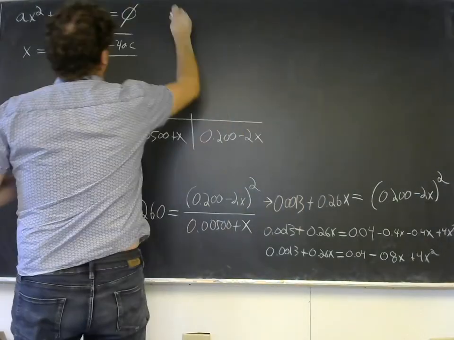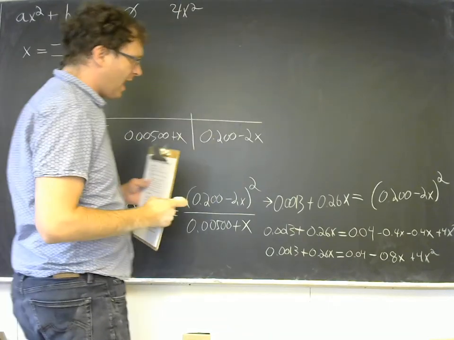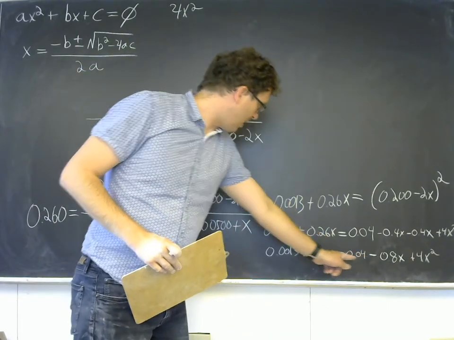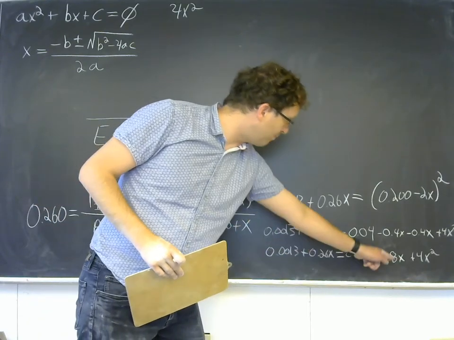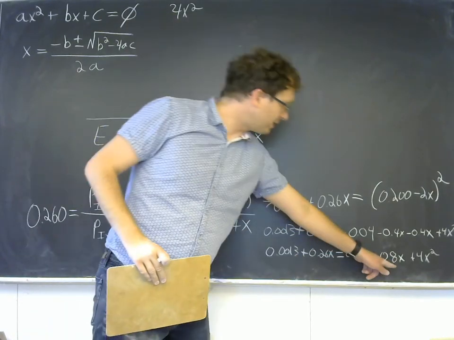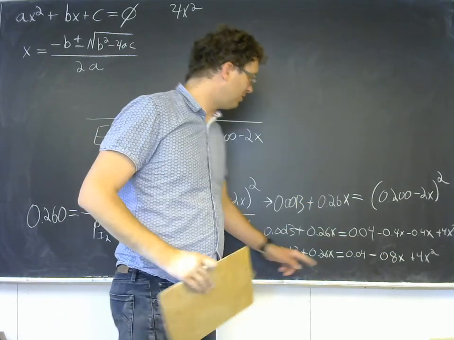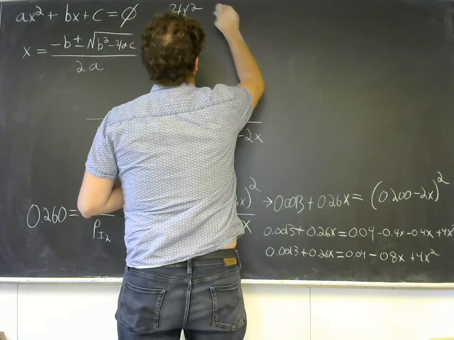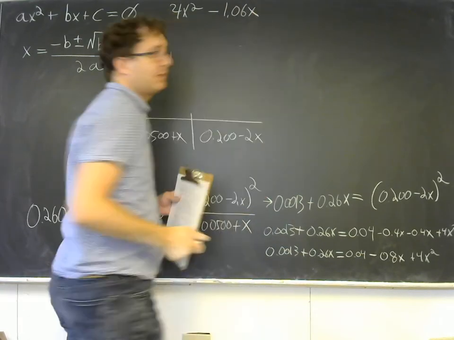We have 4x squared. And then we're going to have 0.26x we'll subtract from both sides. So negative 0.8x minus 0.26x is going to be a negative 1.06x.